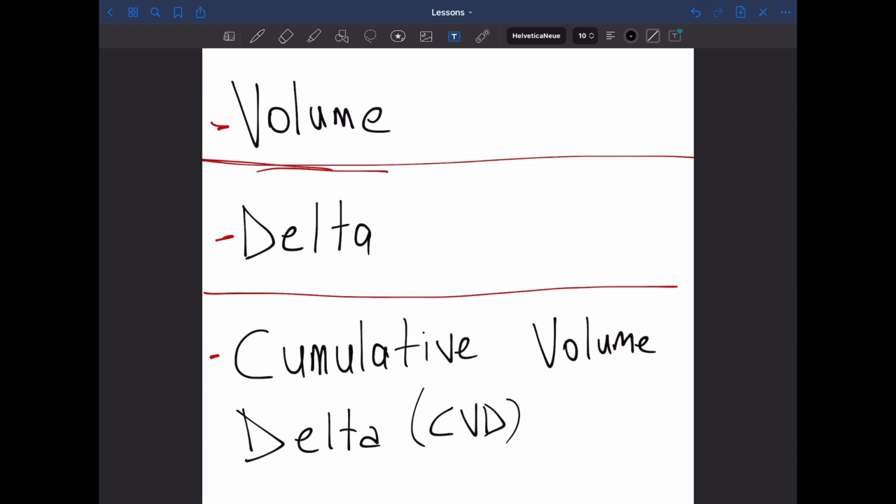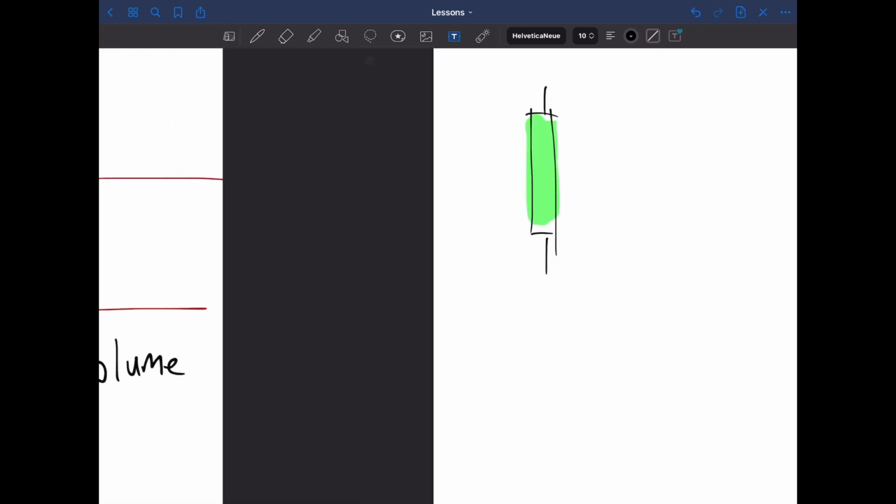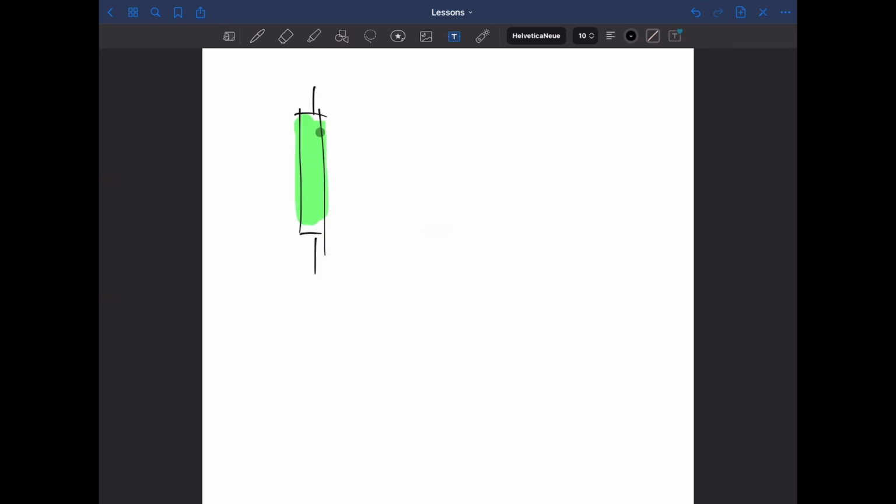I think from these three concepts, if you're a beginner, the concept that you're most aware of is volume. Well, let me explain it quickly. As you can see, this is a candlestick, and from it being green, you can understand that it's a bullish candlestick. Let's put this as a daily time frame candlestick, right?